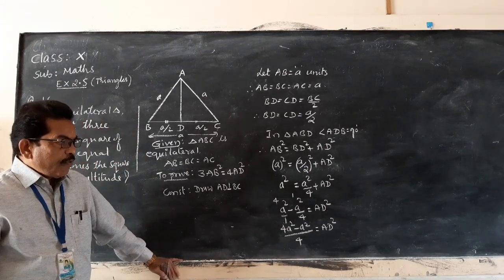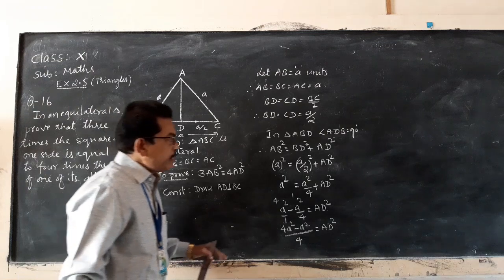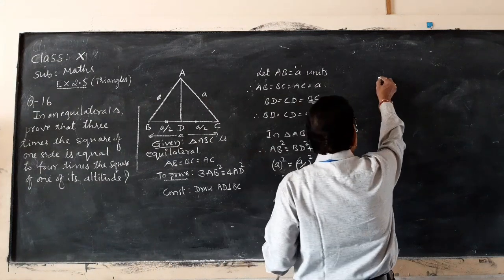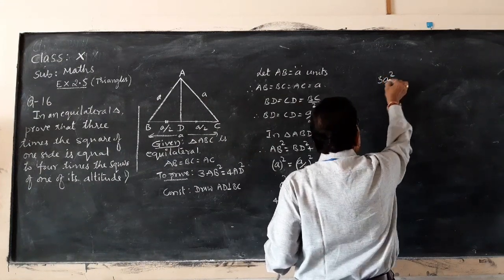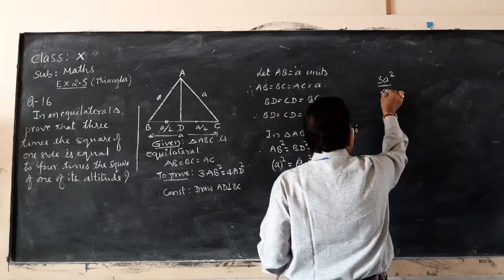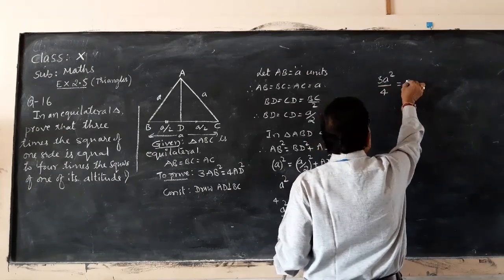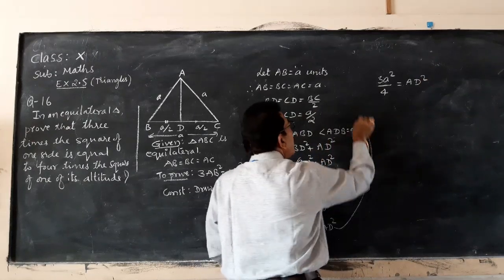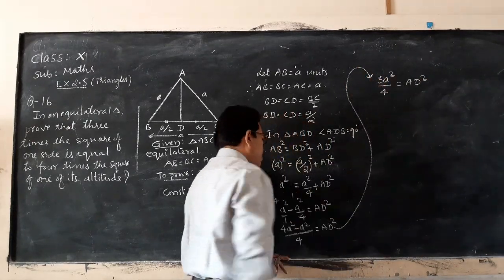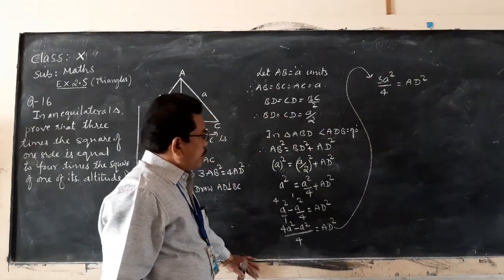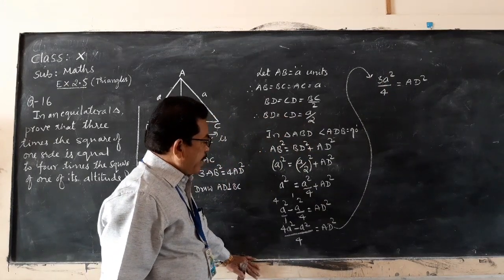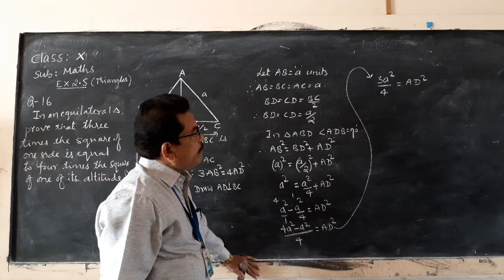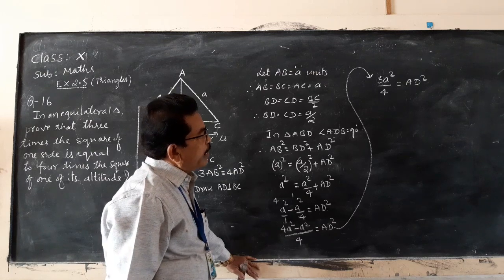See, 4A square minus A square is 3A square by 4 equals AD square.